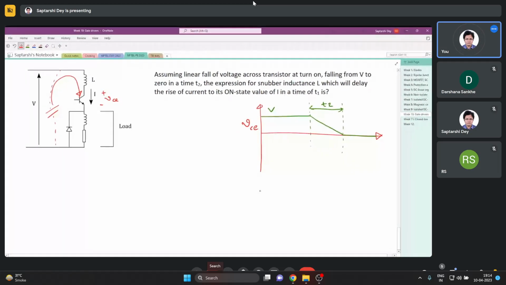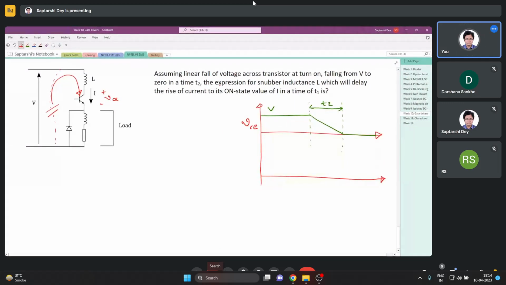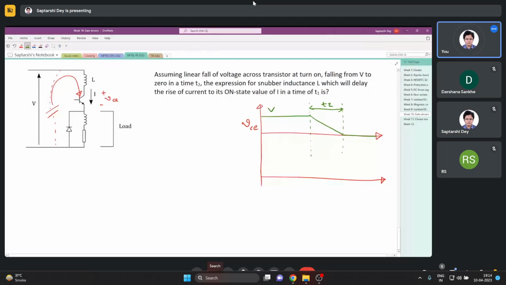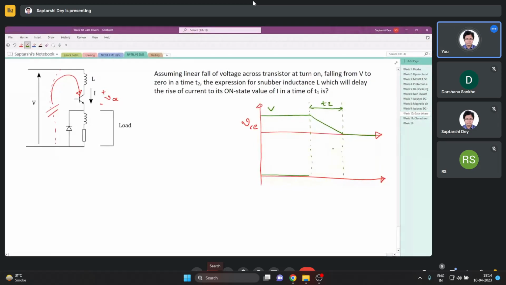And the current, the expression for snubber inductance L, which will delay the rise of current to its on state value in a time of t1. So the current was 0, and not necessarily they happen together.